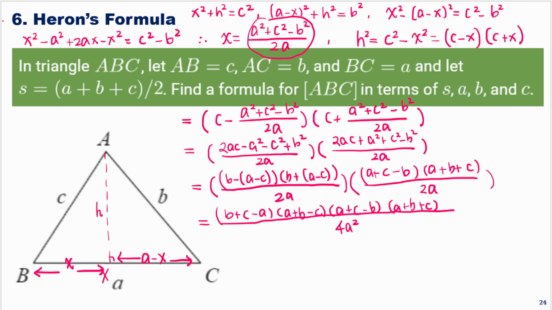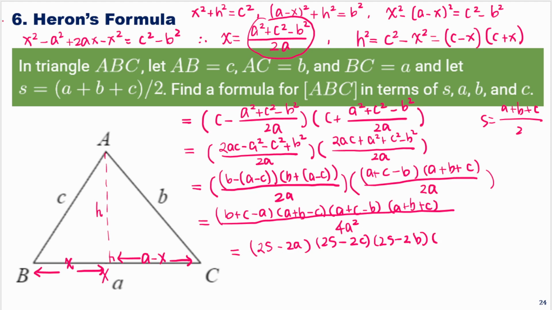So we can write h squared even more briefly with a substitution. Note that s equals a half of (a plus b plus c), right? So that gives us (2s minus 2a) times (2s minus 2c) times (2s minus 2b).